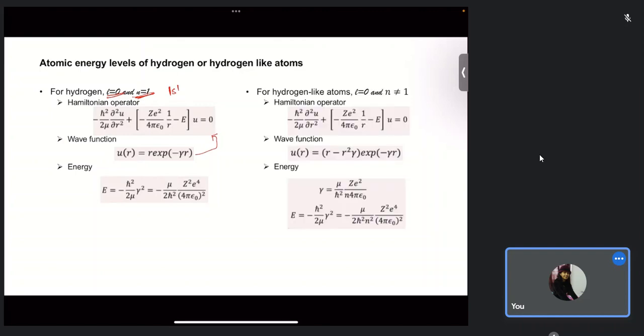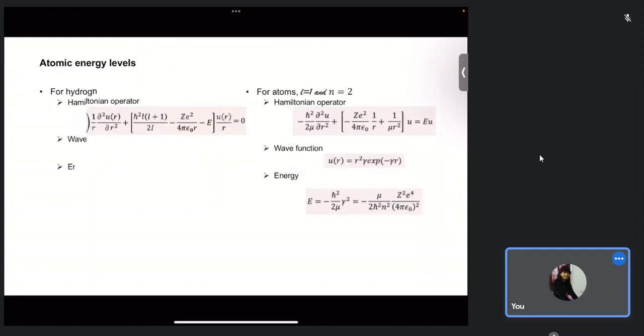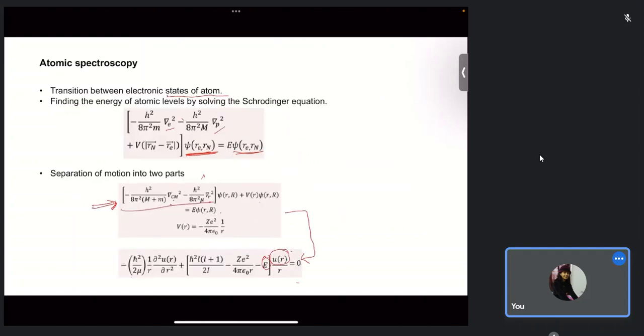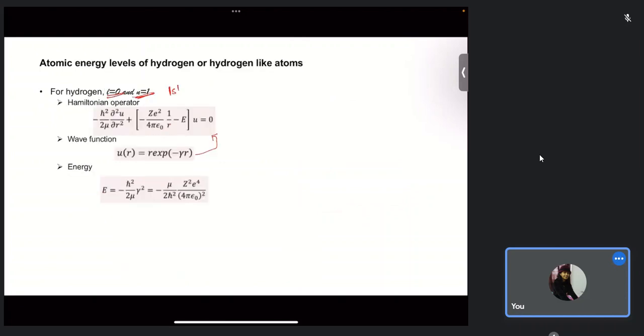So the energy is coming to minus mu Z square e raised to 4 by 2 h cut square into 4 pi epsilon 0 square.